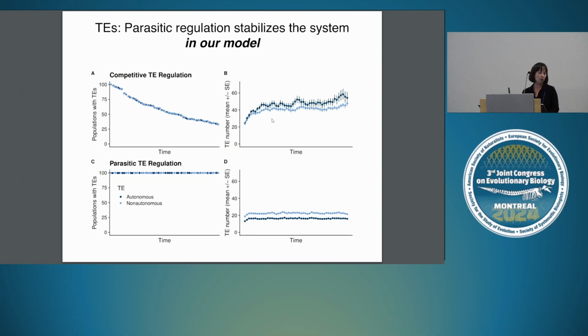I can simulate it for 100,000 generations, I can simulate it for 1,000,000 generations, and the parasitic populations will maintain transposable elements. In comparison, the competitive regulation will lose it at different rates. Depending on recombination rate, population size, and mutation rate, they're lost slowly over the course of the simulations.